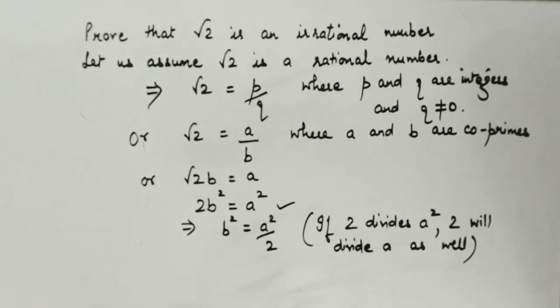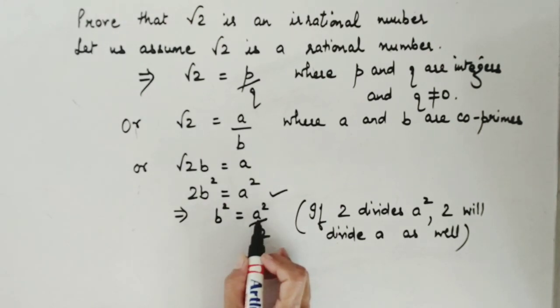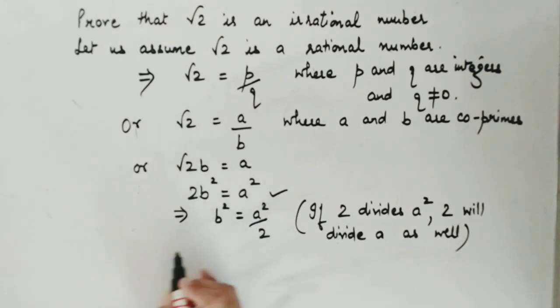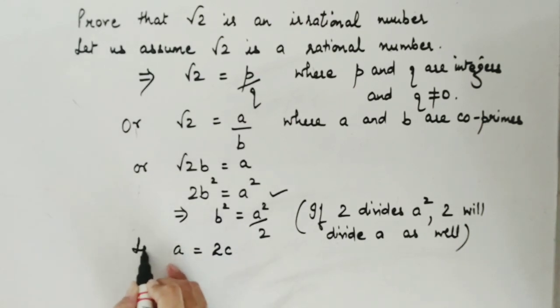This is clearly according to your theorem 1.3. That means, if 2 would divide a as well, that implies a can be written as 2 into product of any integer, 2 into c. Let a is 2 into c.